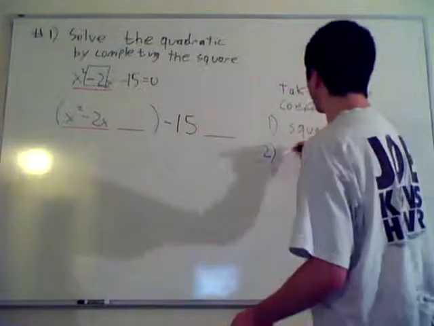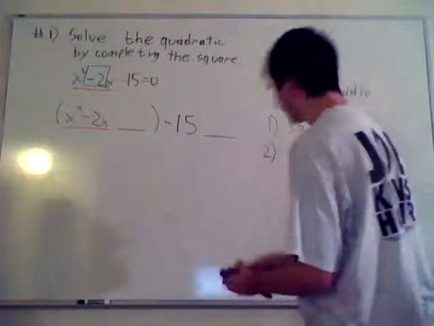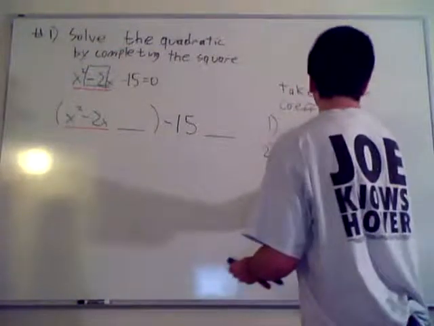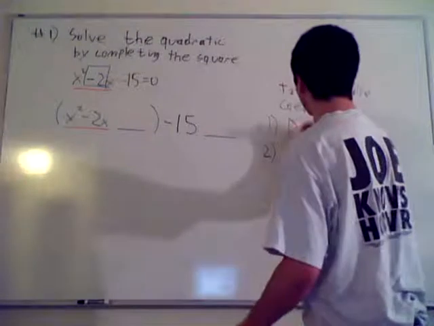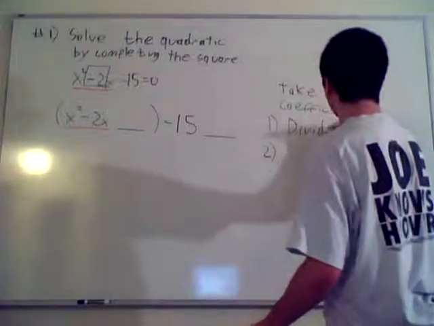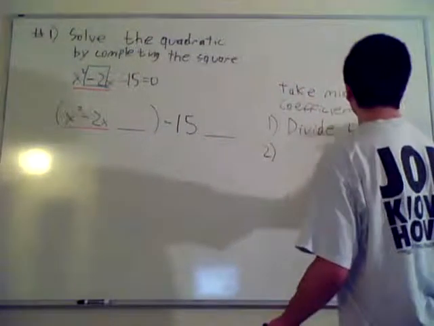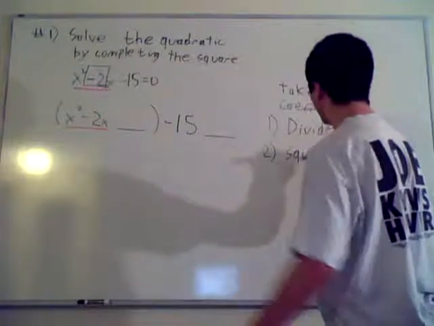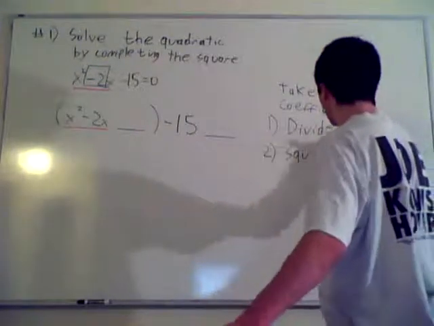And then, actually, other way around. My bad. Divide by 2, and then square it. My bad for the mix-up. It's been a while since I've done this.